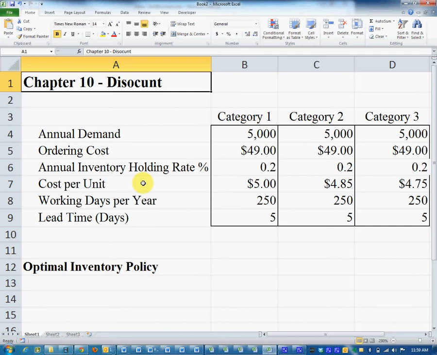Assume that we have a product in which the basic EOQ model is applicable. Instead of a fixed unit cost, the supplier quotes the following discount schedule. So you see there's 3 discount categories, and they apply to the order size, the discount percentage, and the unit cost.